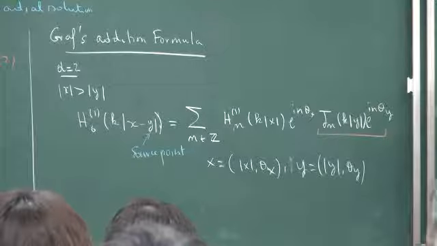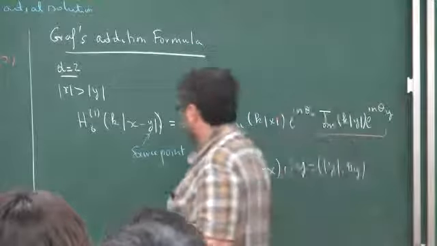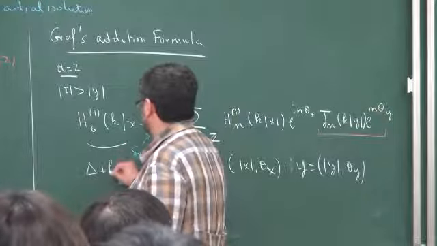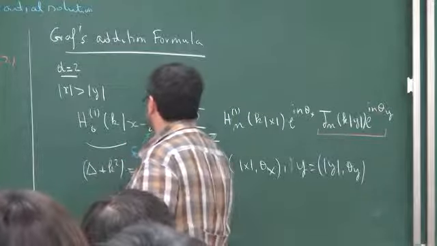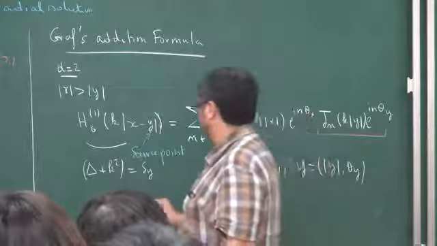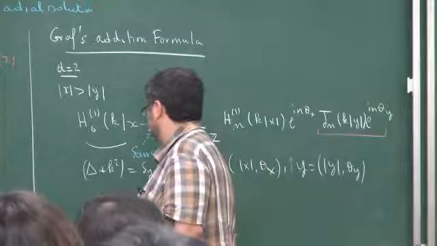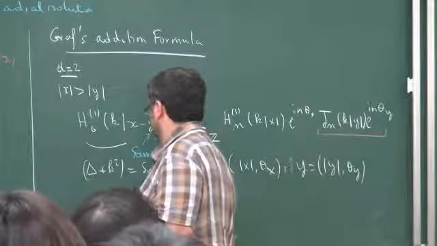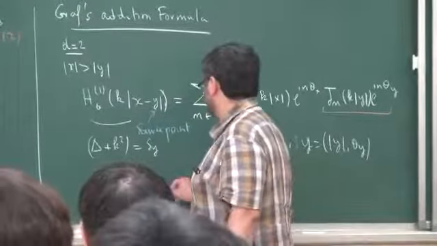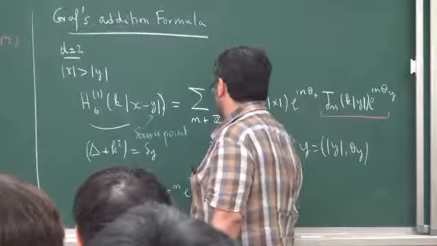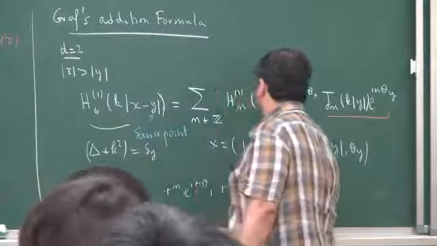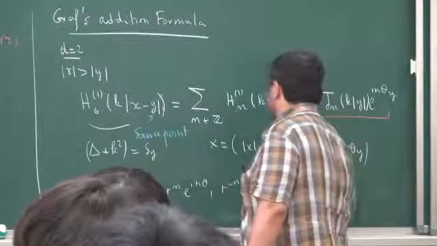This is a solution to Laplacian plus k square equal Dirac mass. It's exactly like decomposing any harmonic function in terms of r to the n exponential i n theta and r to the minus n exponential i n theta.